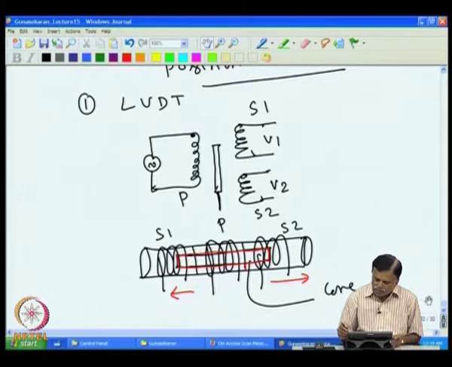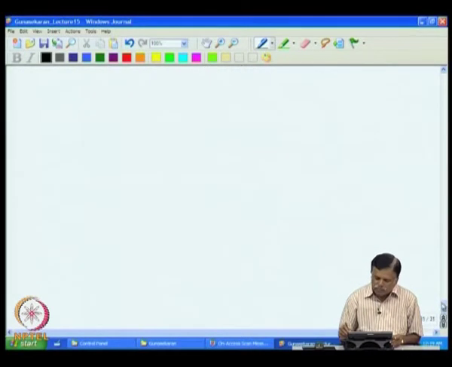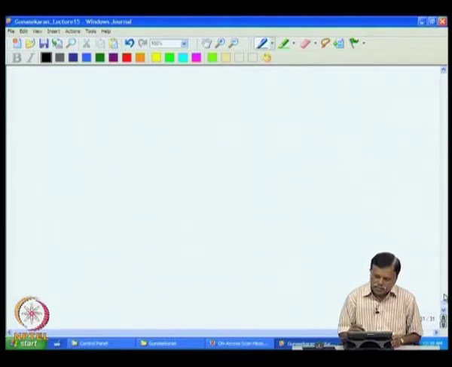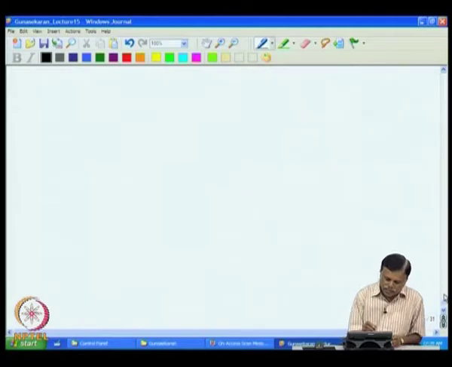So, this is the basic principle of the LVDT. Now, we see how to use this for position information, what the errors associated with this are, and how to take care of them in the circuit design. If you look at the basic LVDT, what are the problems associated with this?